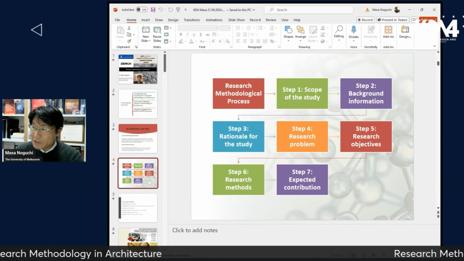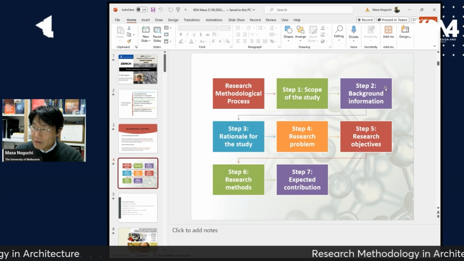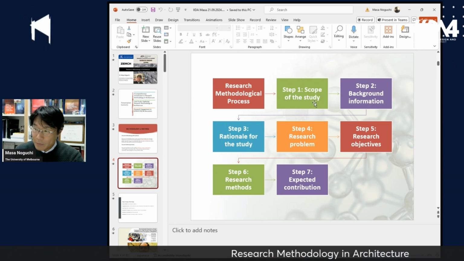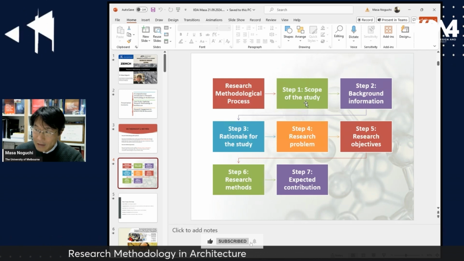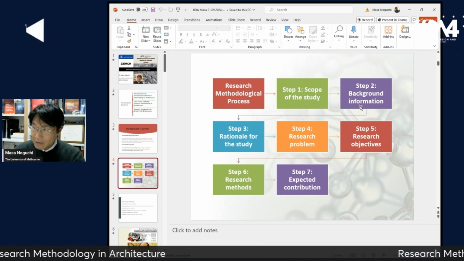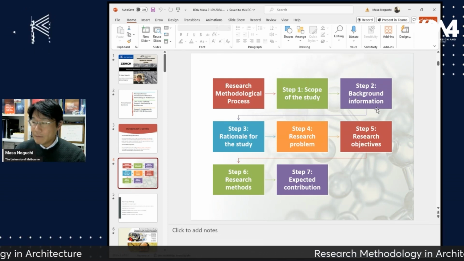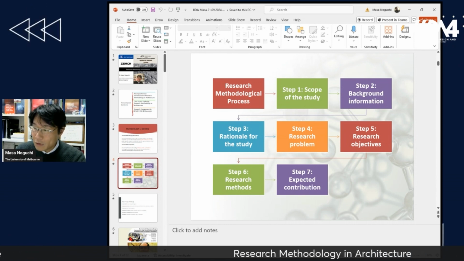Step two is the background information. Based on step one, the area is identified, and in the context of the area, some background data is collected.